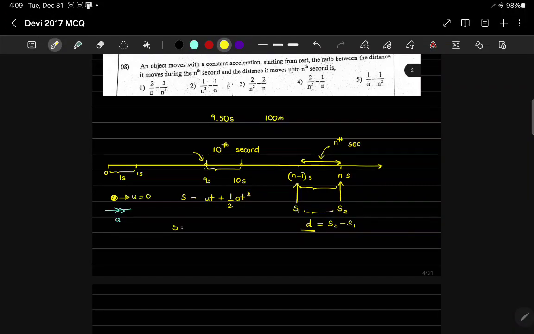So s2 equals 0, because the initial velocity is 0, plus half a n squared. And then what would be s1? 0 plus, because the initial velocity is 0 again, half a (n minus 1) squared. That would be s1 and s2. Then d would be the difference of these two.